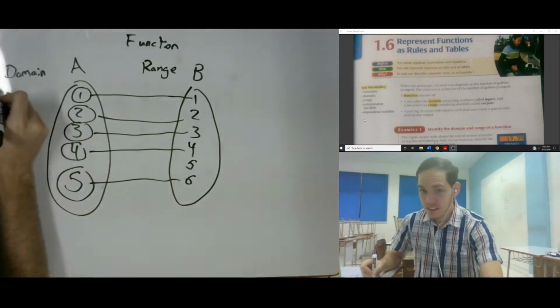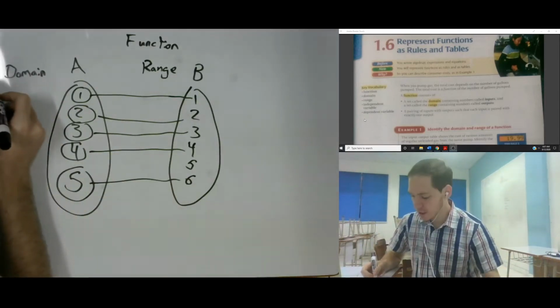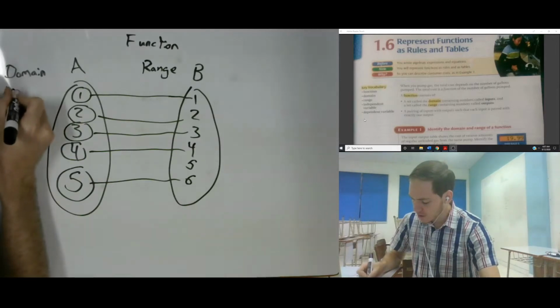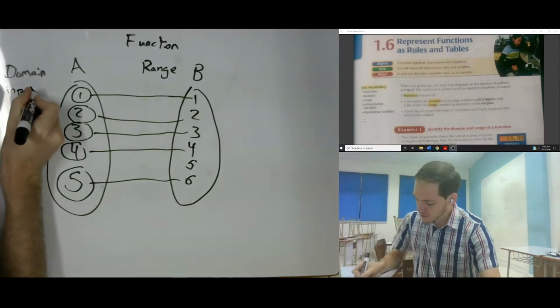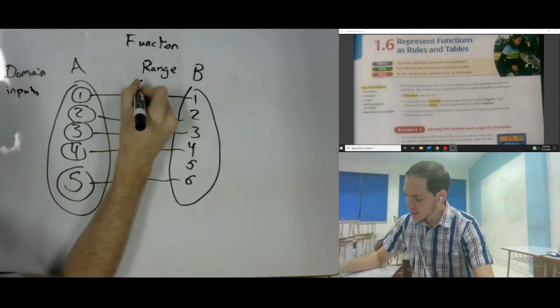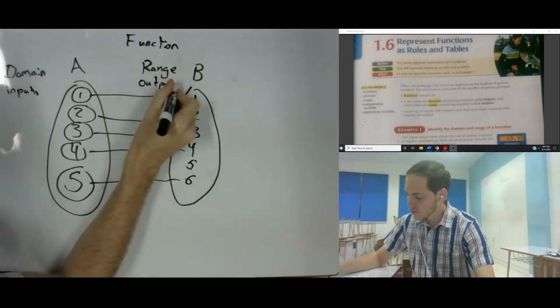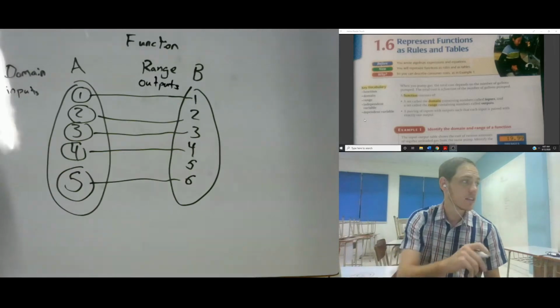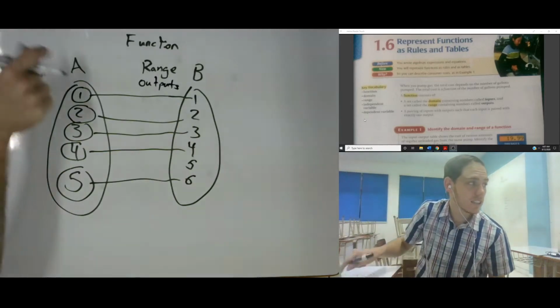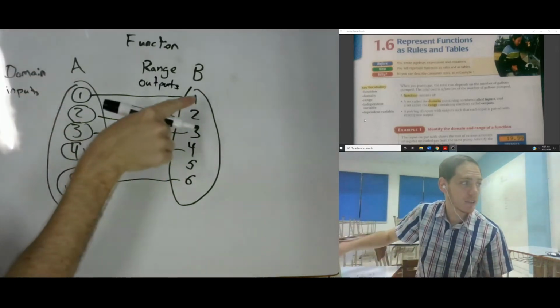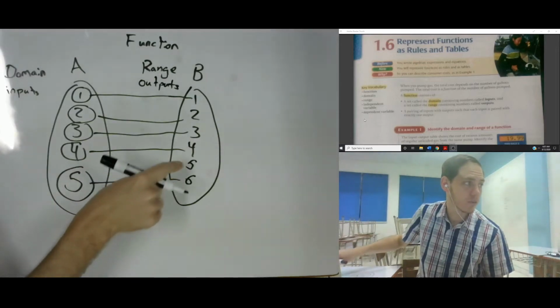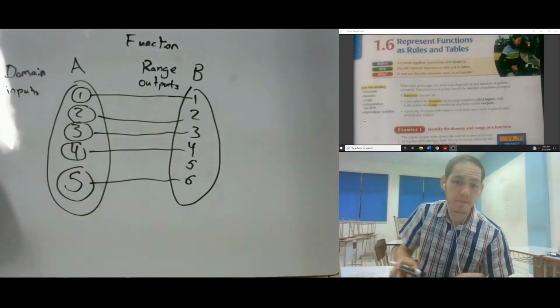Also, domain is a set containing all the numbers which are inputs, and the range is a set of all outputs. So inputs is all the numbers we plugged in, outputs is all the numbers that came out. So 5 doesn't count right here, okay?